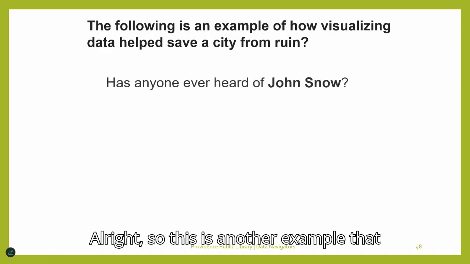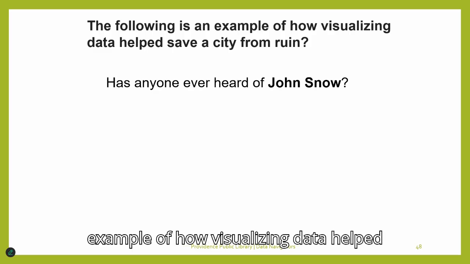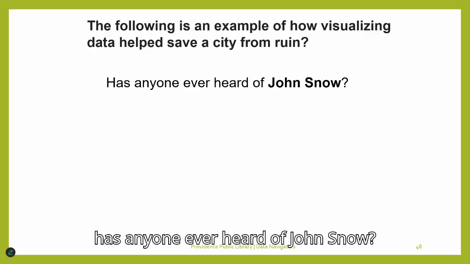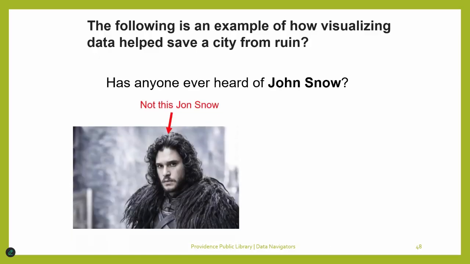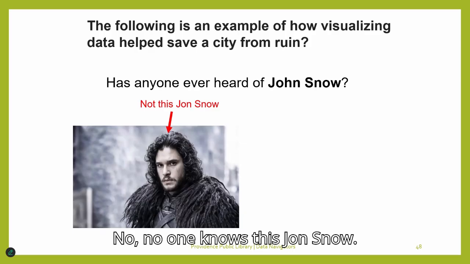All right. So this is another example that I would like to show. The following is an example of how visualizing data helped save a city from ruin. Okay. Has anyone ever heard of John Snow? Anyone know this John Snow? No?